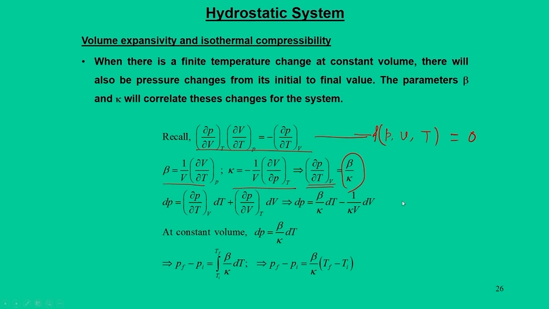Then when we are going to use it here, we can find this. What does it mean? We again start with another relation, where P is a function of temperature and volume.